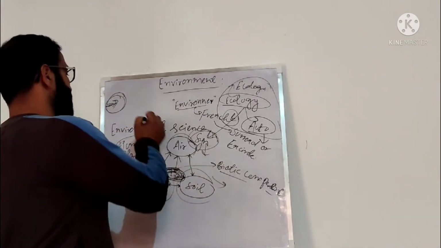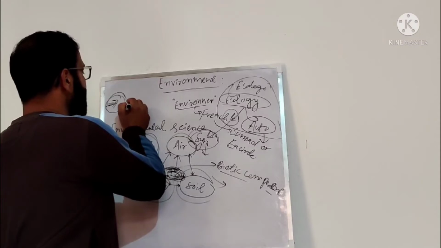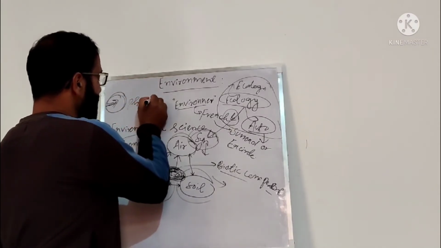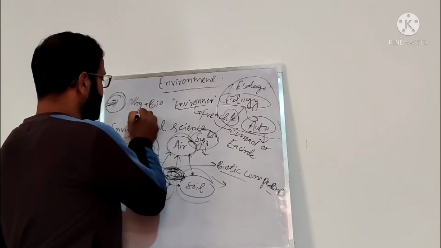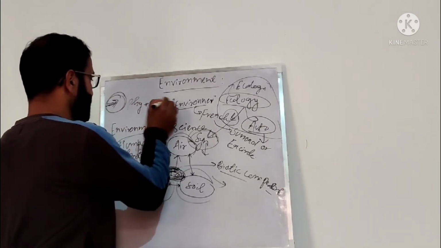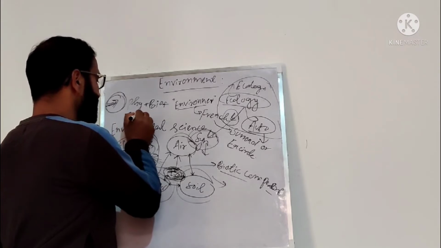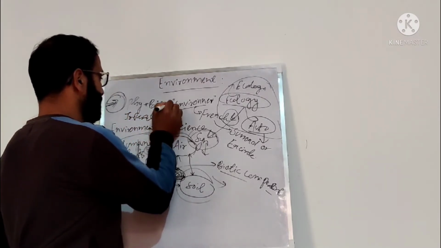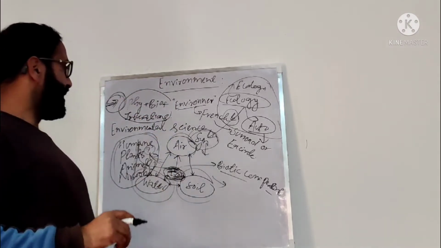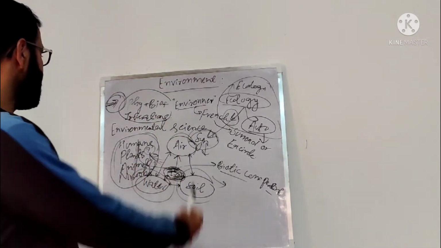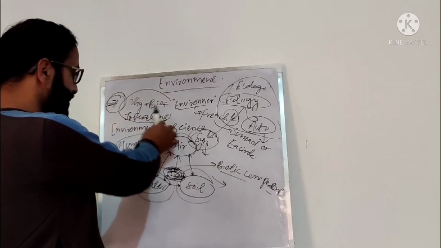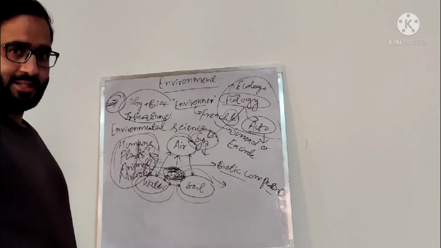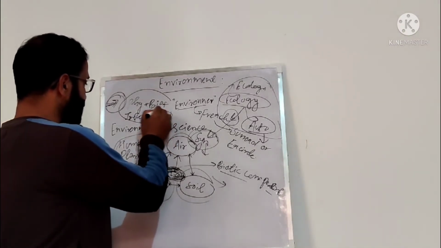So environment is physical component plus biotic component plus interactions, all the interactions which exist there between these components.